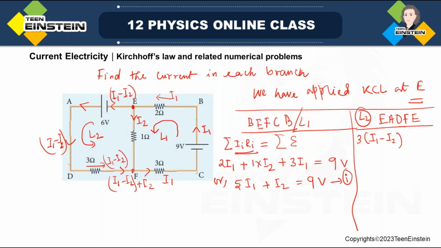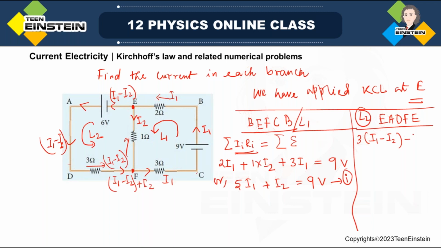Then I go F to E. In this case, current I2 is flowing through this 1 ohm resistor. The direction of the current is E to F, but I am going to E from F, so here the current direction is opposite.